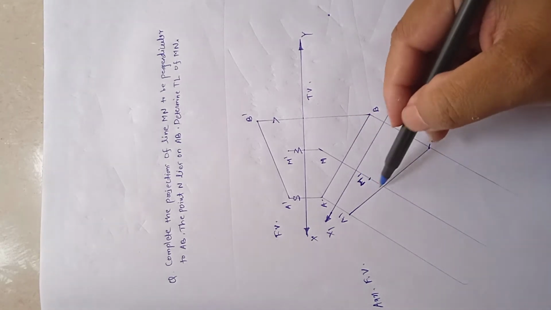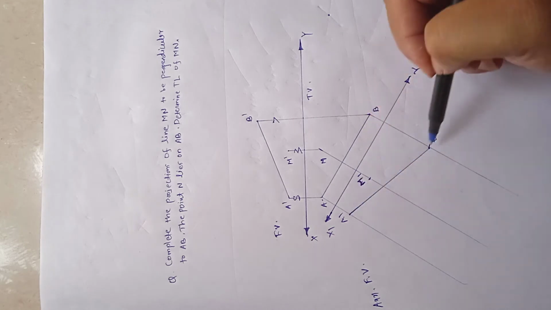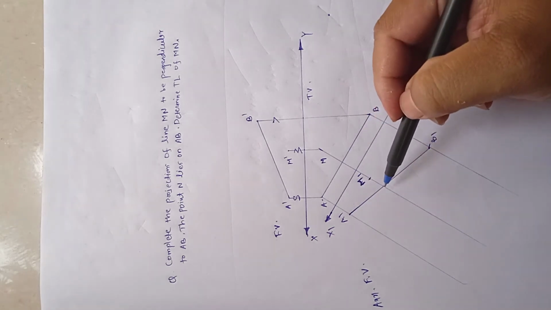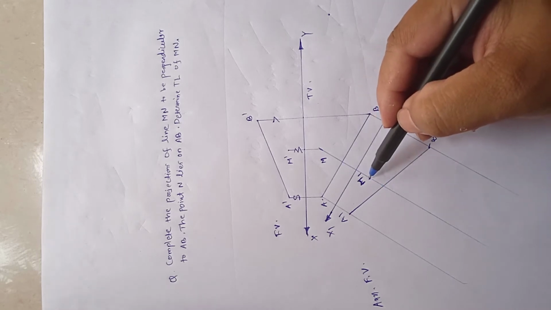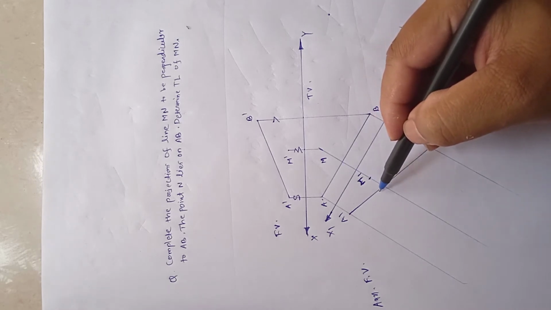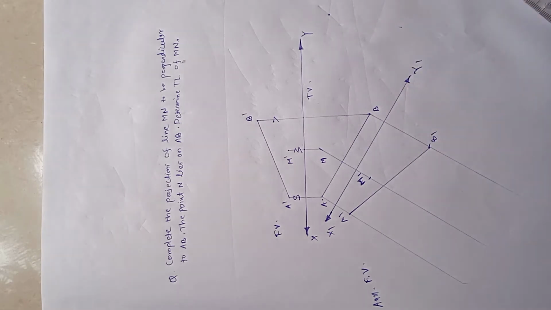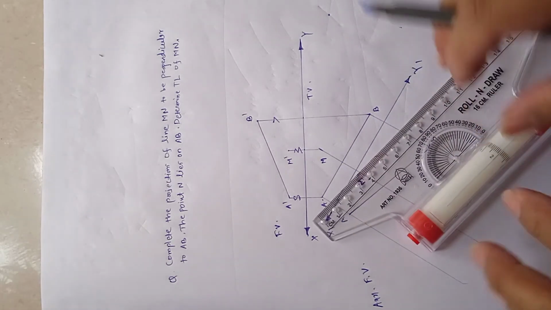Now in this auxiliary front view, A1 B1 is the true length. So here the perpendicularity of the two lines will be seen. From point M1 draw a perpendicular to this line A1 B1. How to draw that perpendicular?